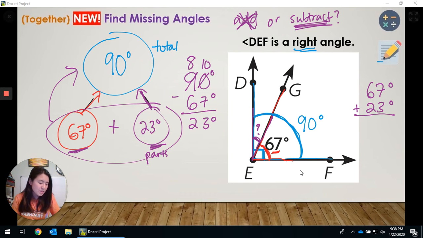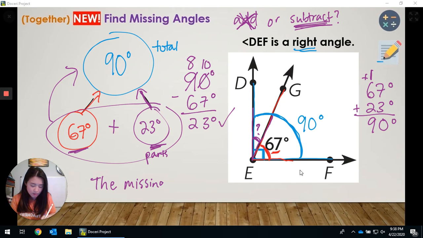In the ones place, 7 plus 3 is 10. So we regroup the 1 to the tens place. 6 plus 1 is 7. 7 plus 2 is 9. Look at that. There's our 90 degrees. So now we know that the 23 degrees is right. So we can say the capital T, the missing angle is 23 degrees.